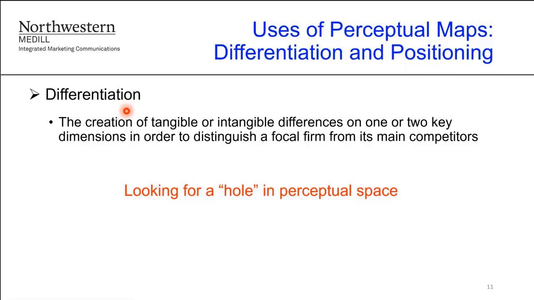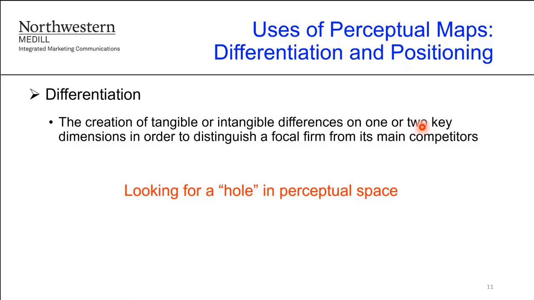When we create this perceptual map using the data from the survey, we can see where our brand is in this perceptual map. We can also see the other brands, so we can see where our competitors are positioned in this map.